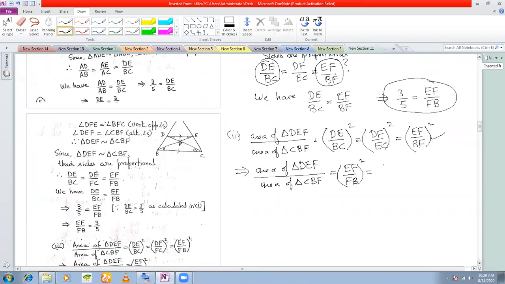This ratio is 3 by 5. 3 by 5 whole square is 9 by 25. Therefore, what is the ratio? They have specifically mentioned the word ratio, so we'll write it in ratio notation. Area of triangle DEF is to area of triangle CBF is equal to 9:25. Fine. Any questions here?